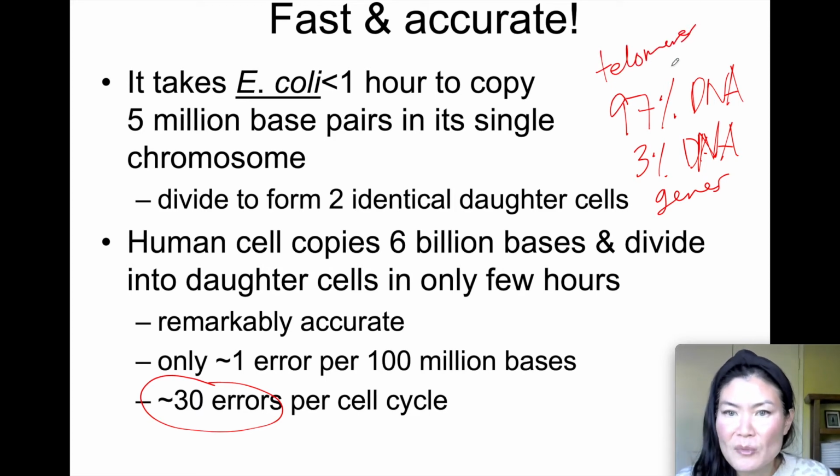This is a different chapter, but we'll talk about what the 97% of our DNA does. But a lot of that 97% play important roles. Okay, they might be part of regulating which genes are going to be expressed. So they play an important role in what genes are going to be expressed. Some of them are what we call pseudogenes. They used to code for genes, but there's mutations in them that now make them non-functional. Okay.